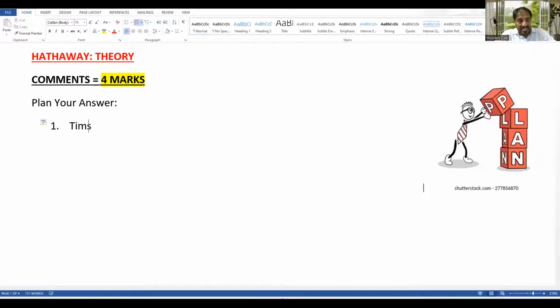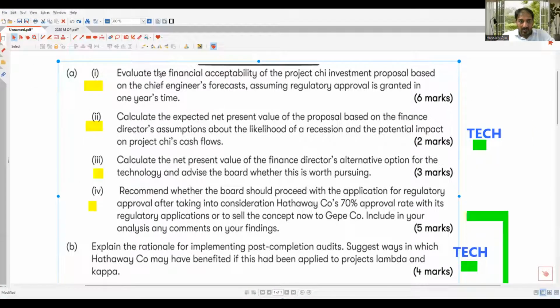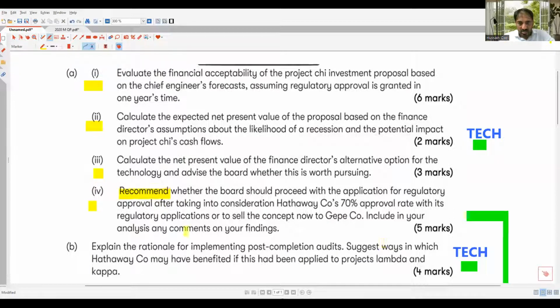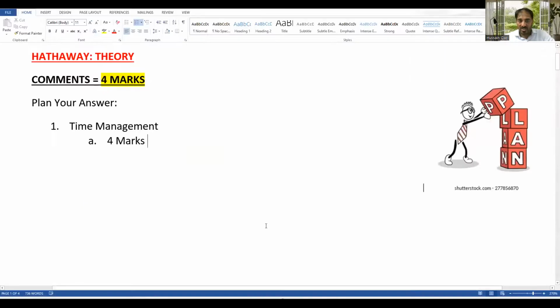Plan your answer with this content. Number one, time management. You know very well that you are attempting here 4 marks, for comments. With the marking scheme for the A part, this theoretical matter, that's called recommendation, analysis and comments on your findings, that includes 4 marks.